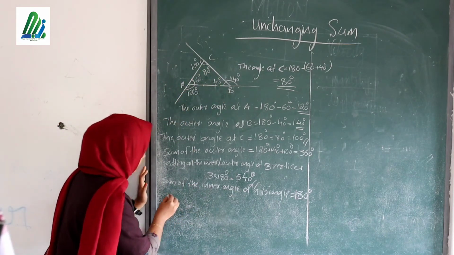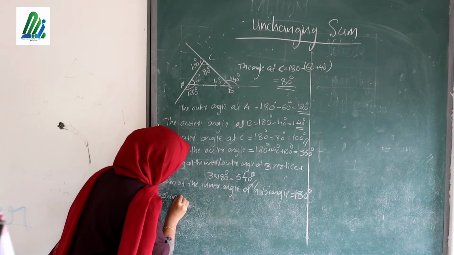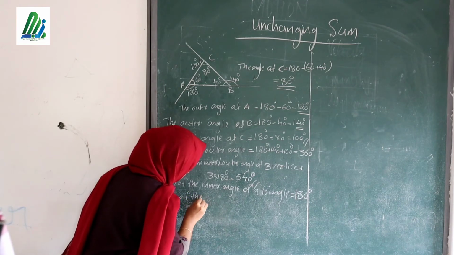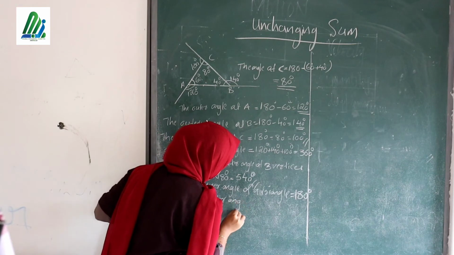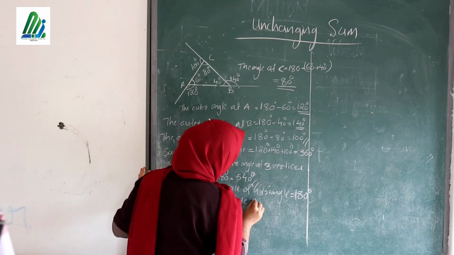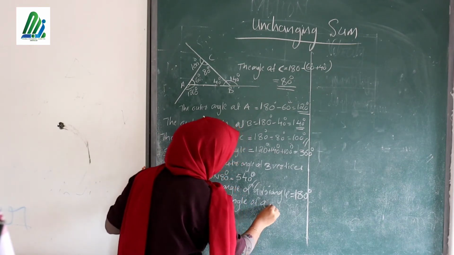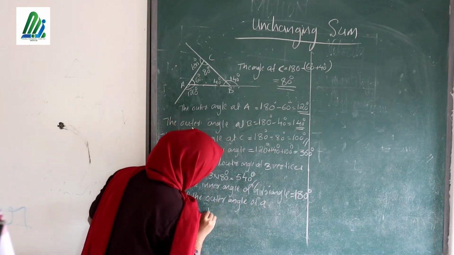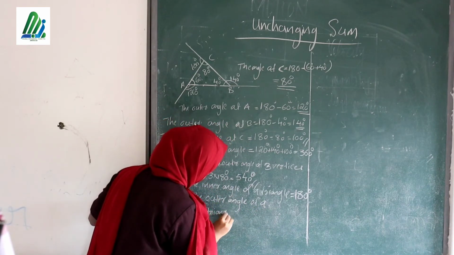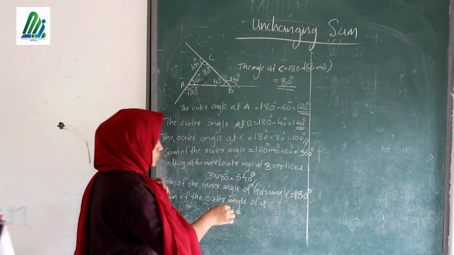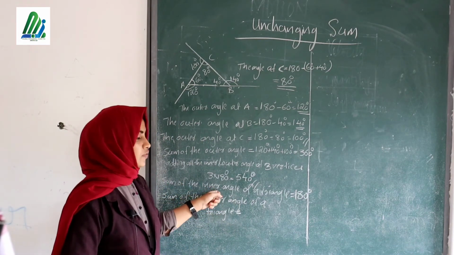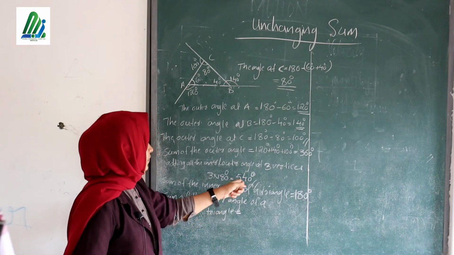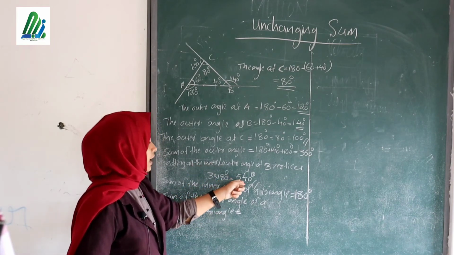So the sum of the outer angles of a triangle is equal to 540 minus the sum of the inner angles.